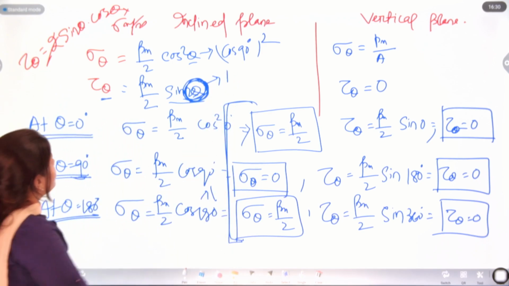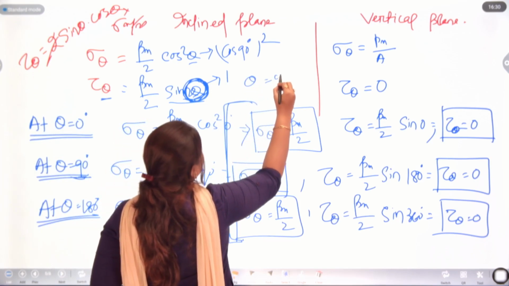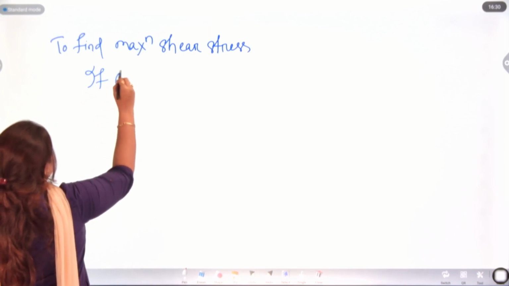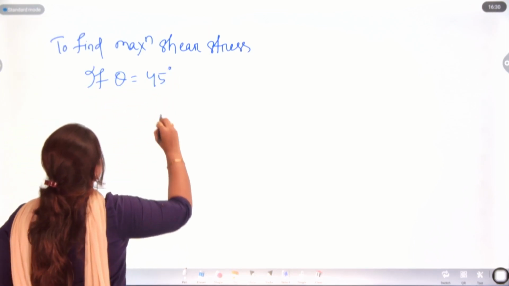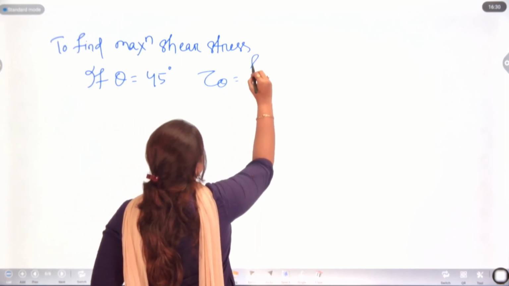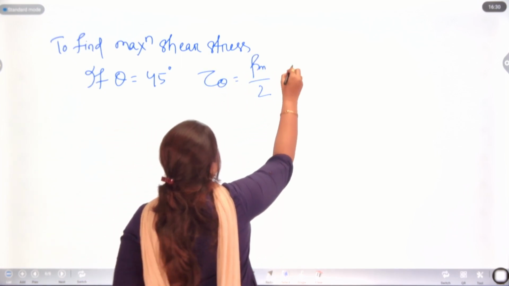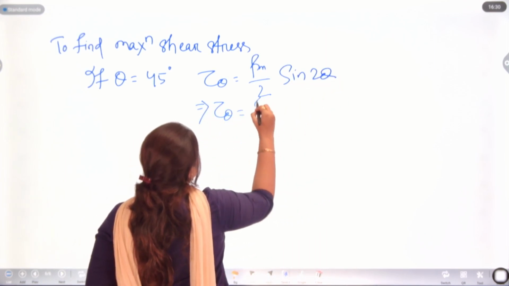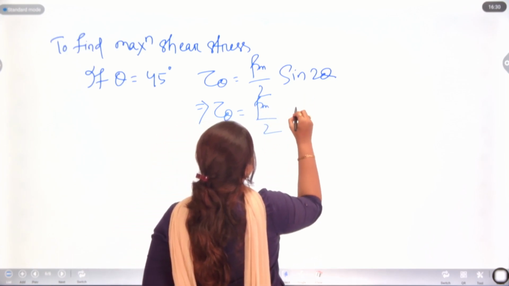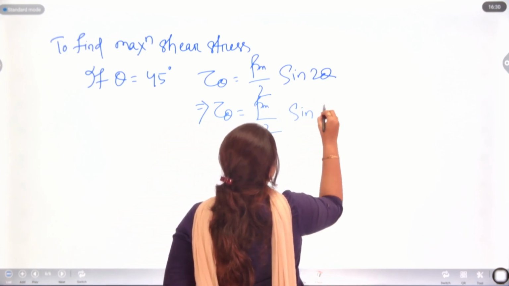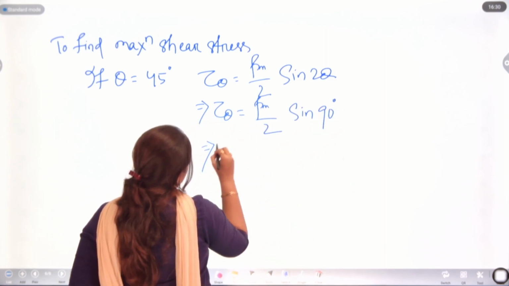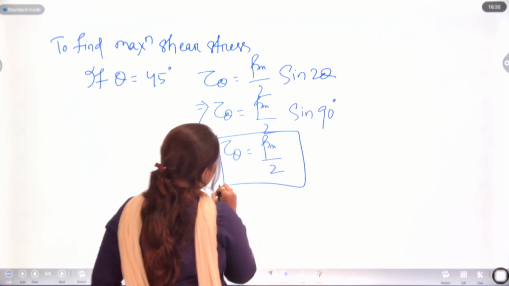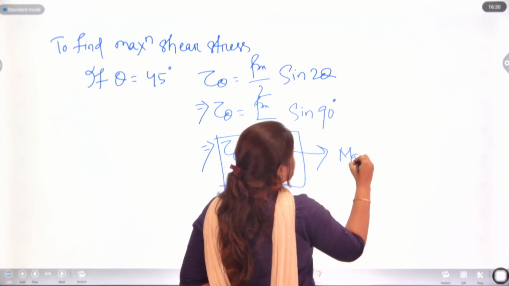So if we put theta equals 45 degree, tau theta will be Px upon 2 into sin 2 theta, that will be tau theta equals Px by 2 into sin 90 degree, and tau theta will be Px by 2. This is our maximum shear stress.